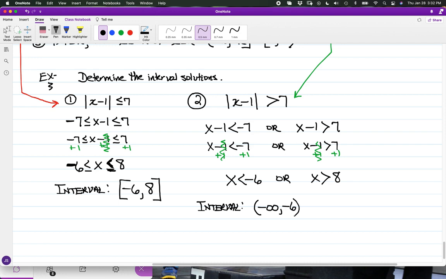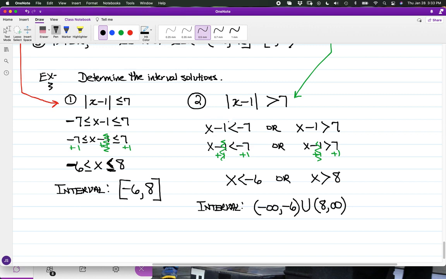We have or, symbolized by the union with the other set, which we have in x is greater than 8, and the interval notation for this second half will have a parenthesis around 8. Then we have going all the way out to approaching infinity. And so that would be the interval solution for this particular inequality statement.